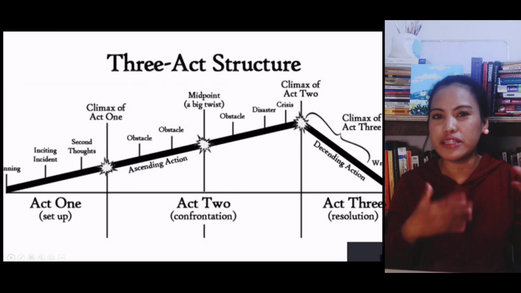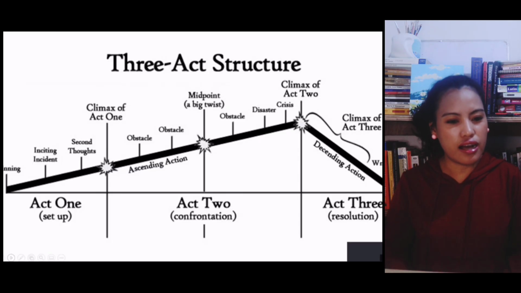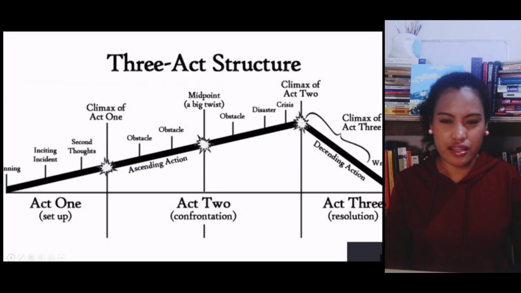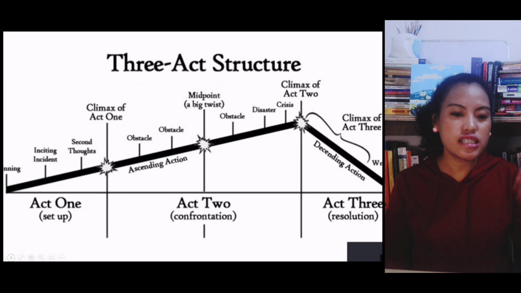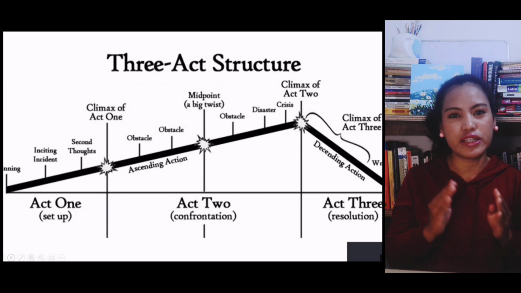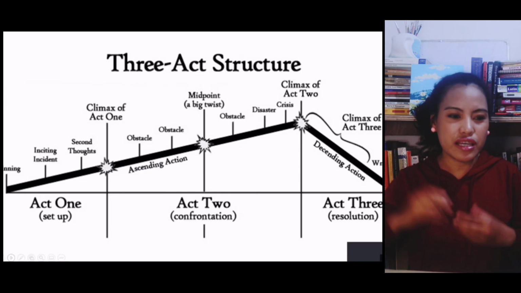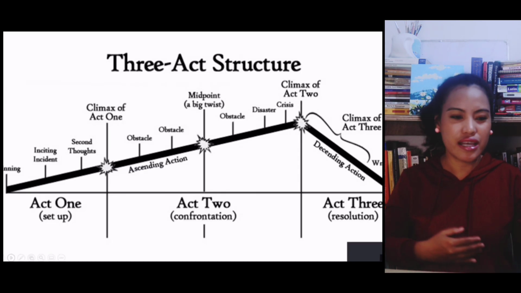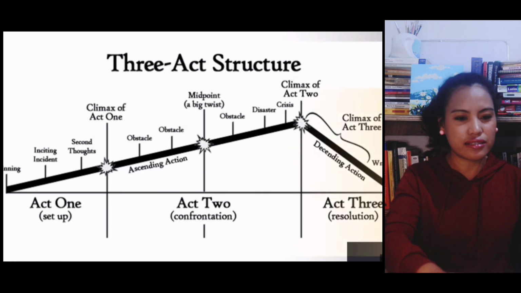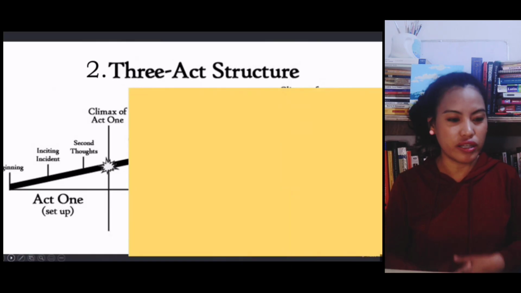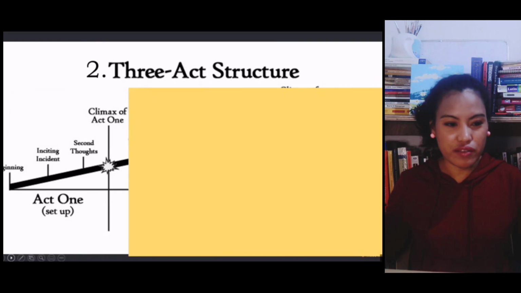It is a little bit more sophisticated than Freytag's pyramid, because this focuses more on the different events that lead to different climaxes. So each act has its own climax. If we look at the details of the three act structure, let's focus first on Act One, which is the setting up of the story.